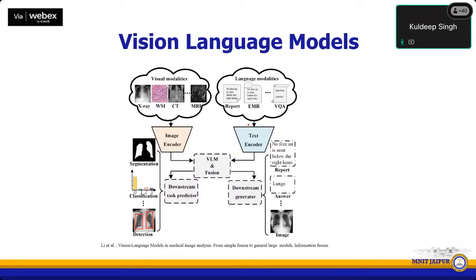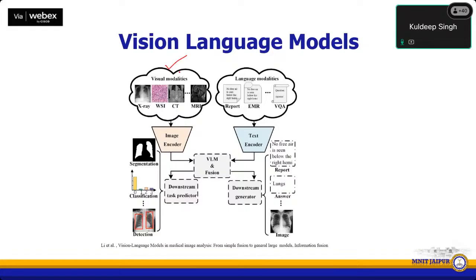And this particular vision language model can be handy in processing multimodal data consisting of visual as well as language data. And then you can see the flow chart here, what all tasks we can solve with this vision language model.